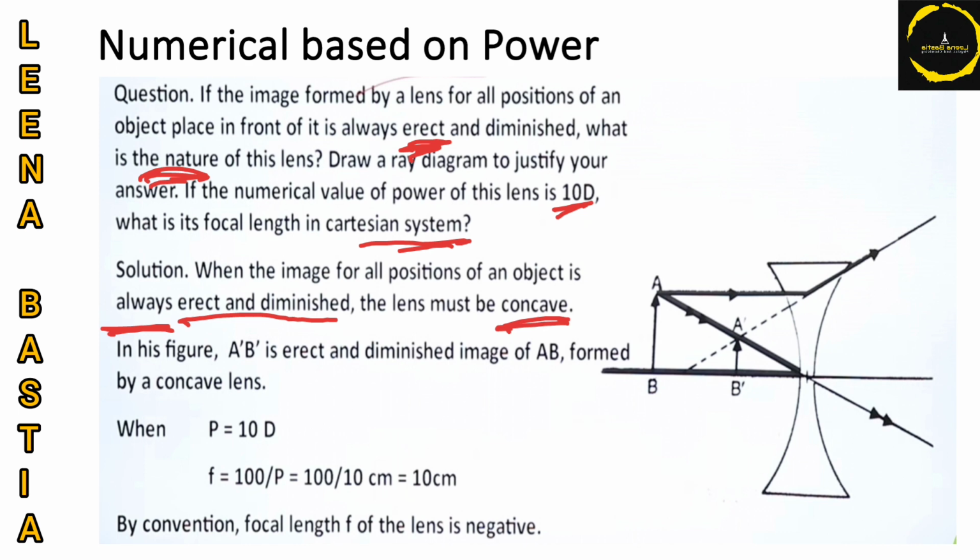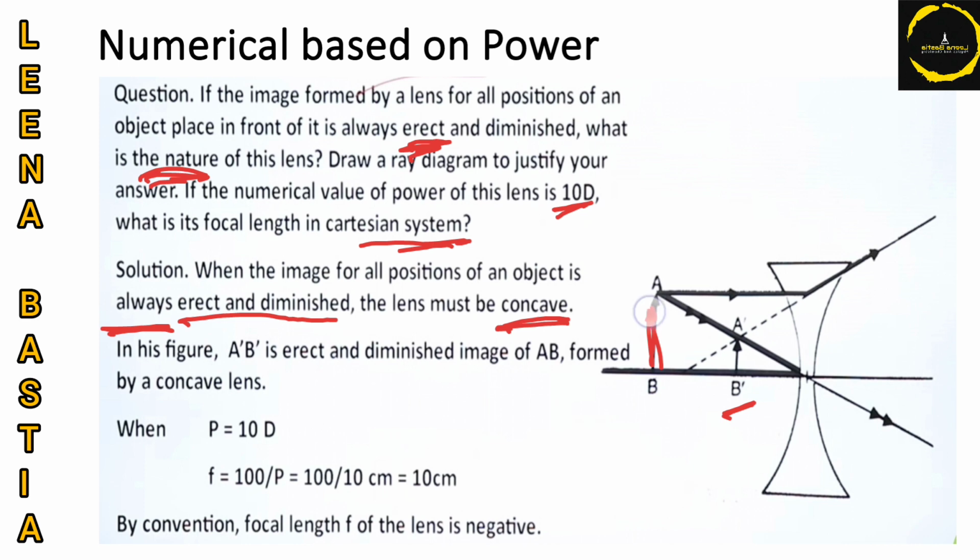In this figure, A'B' is the erect and diminished image of AB. This is the object and this is the image, right? So how do you have to write?